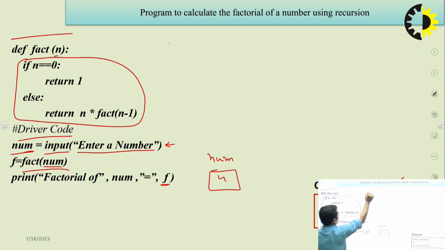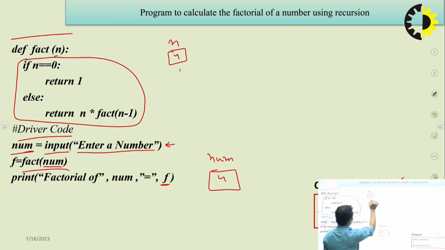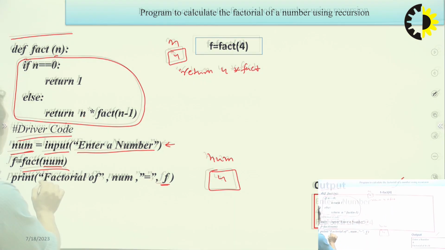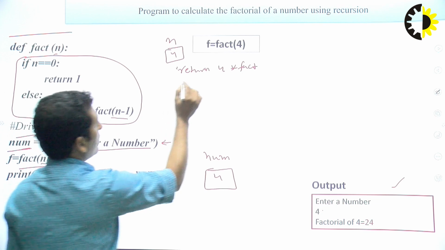We receive 4 in n, and the condition check n equals 0 is false. So the else part will be executed, meaning return 4 into fact(n minus 1), where n minus 1 is 3.